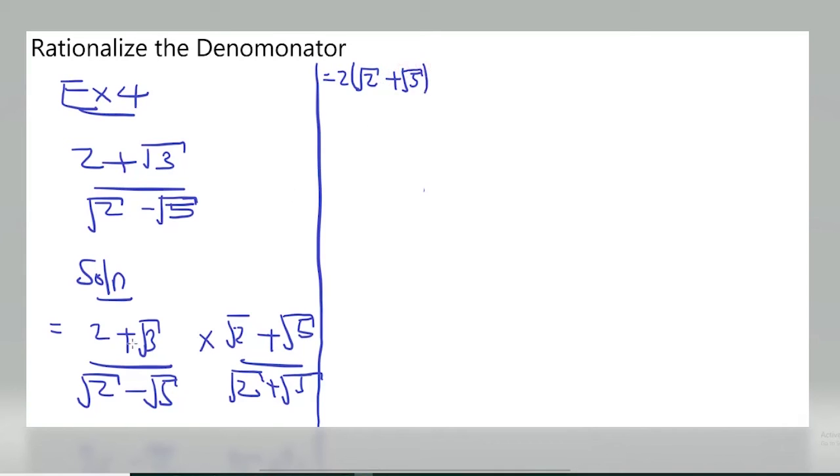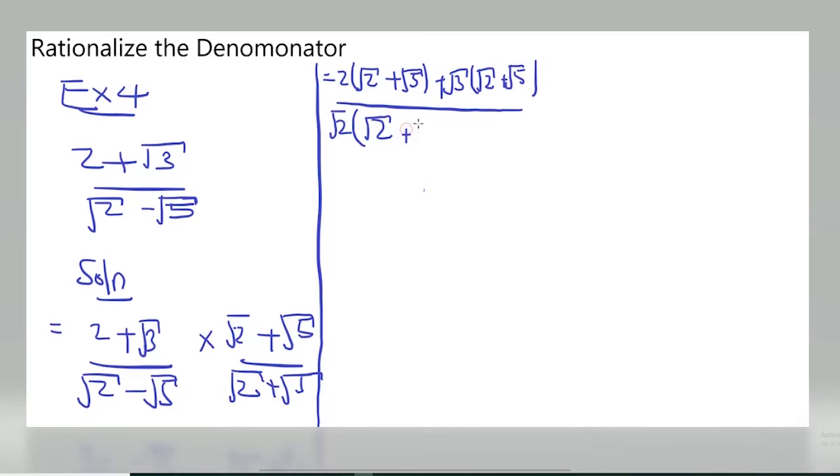Okay. Then the plus 3 times the whole thing. Then this one will be equal to root 3 bracket root 2 plus root 5 over, then take 2 times this one will be equal to root 2 times this one, the whole thing, root 2.